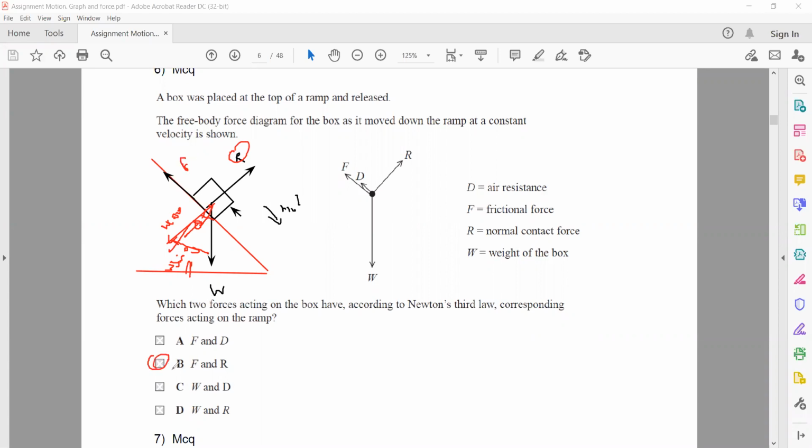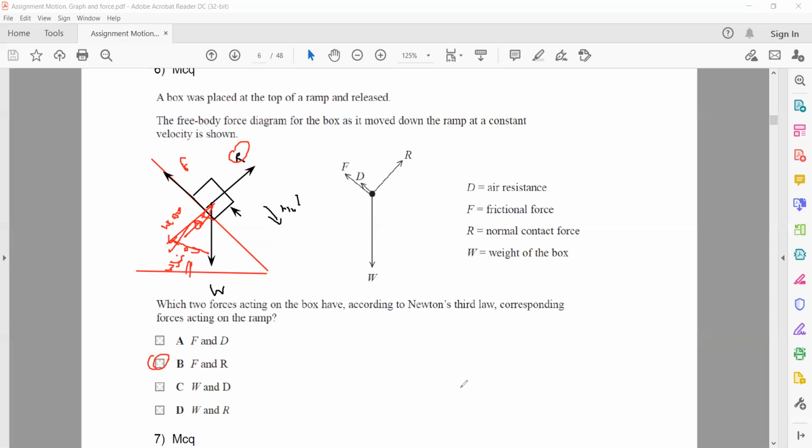So B is the right answer for this, because we want which two forces acting on the box have, according to Newton's third law, corresponding forces acting on the ramp. So the two corresponding forces, one is the frictional force, and the other one is the normal contact force.